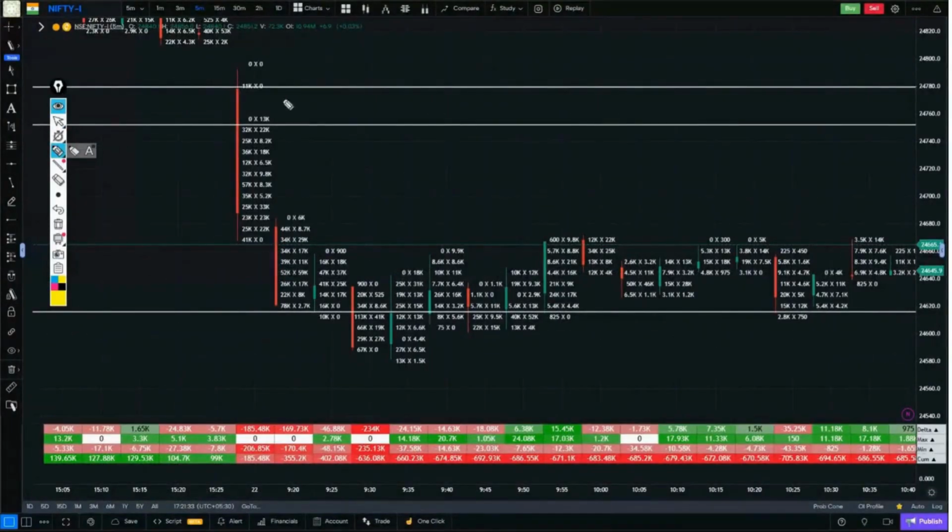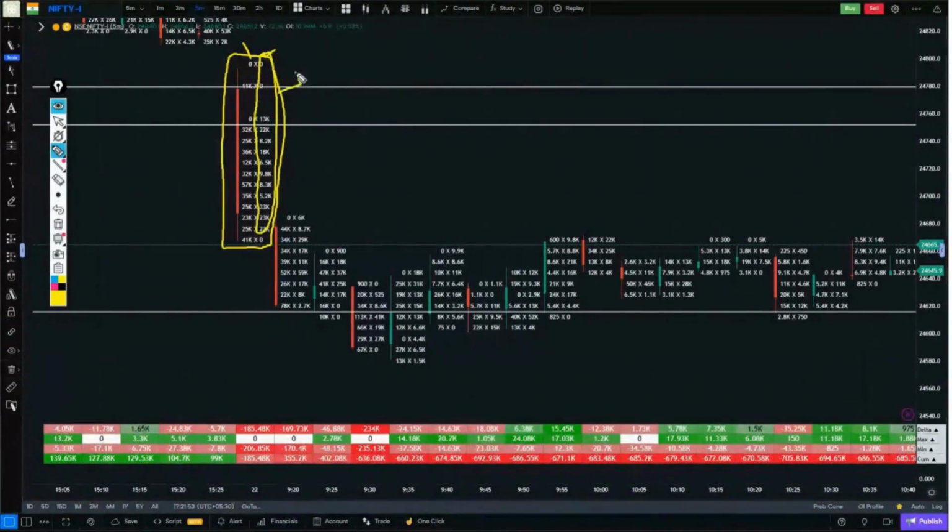So, for example, the first candle formed is quite a big candle. Today's first candle. These are the footprints of this candle. On the right side, we have buyers. On the left side, we have sellers. So we add up all the buyers on the right side.